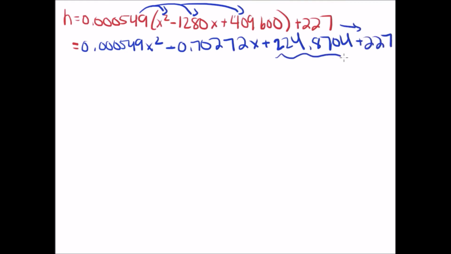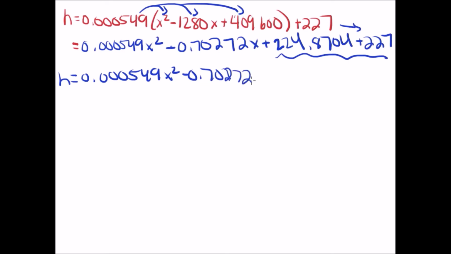And the only like terms here are these normal numbers. So that is going to be our expanded form. 0.70272x, and then we're going to just add this 224 and 227. So we'll keep the decimals, of course.